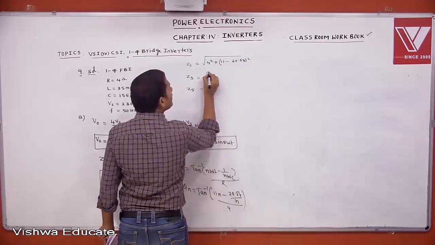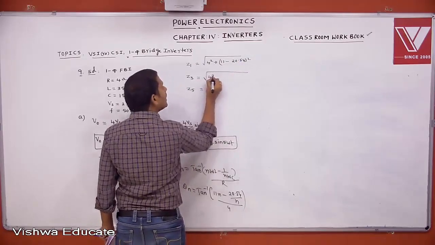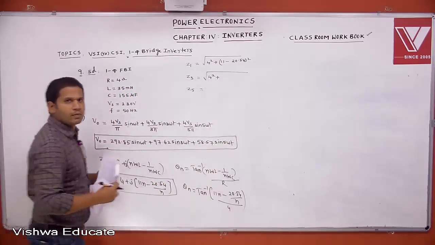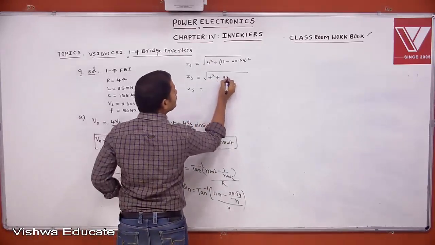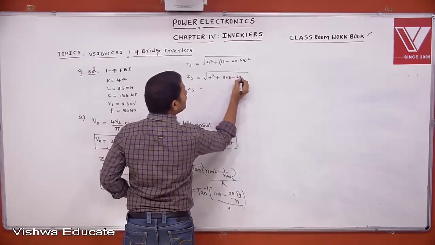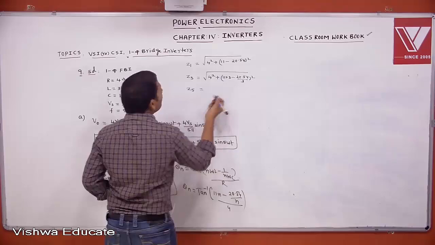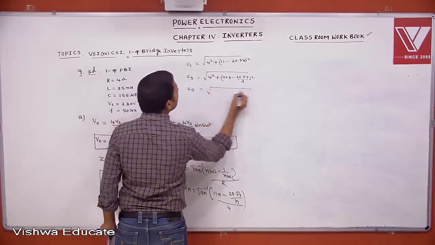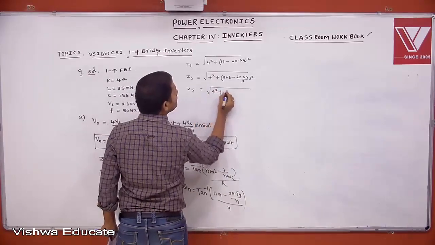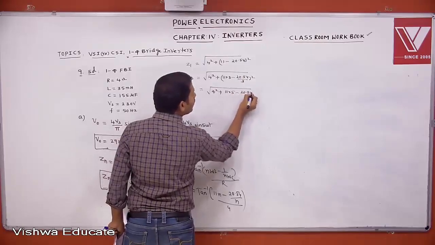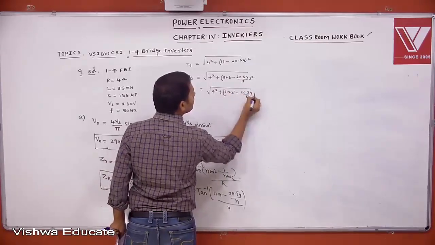Z3 equals square root of 4 square plus (11 into 3 minus 20.54 by 3) whole square. Z5 equals square root of 4 square plus (11 into 5 minus 20.54 by 5) whole square.